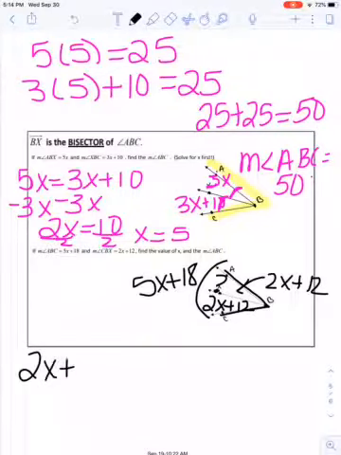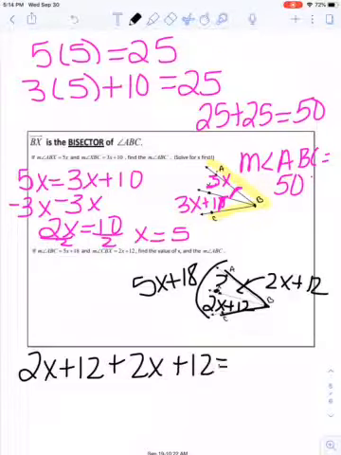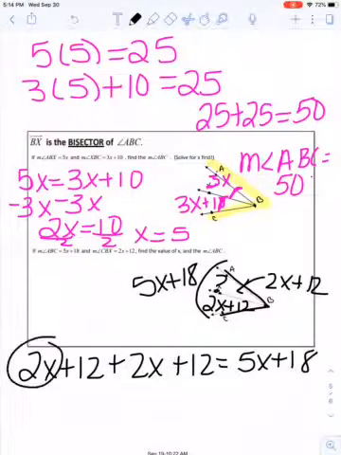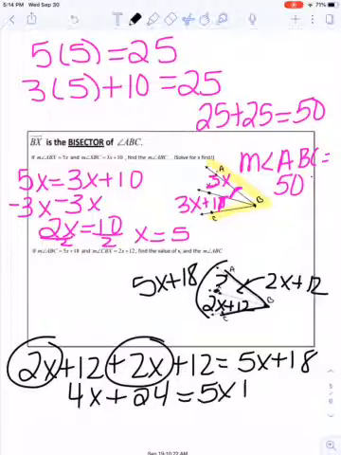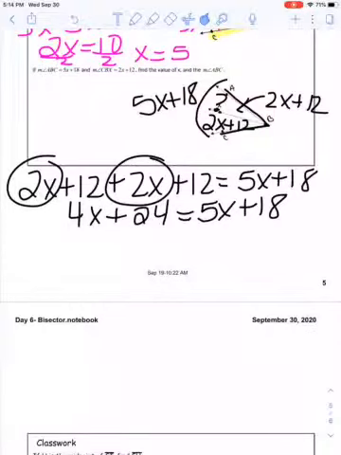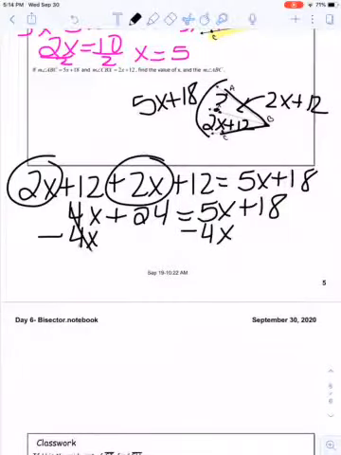So 2x plus 12 plus 2x plus 12 equals 5x plus 18. I'm going to combine my terms, so I get 4x plus 24 equals 5x plus 18. I'm going to subtract 4x. I get 24 equals x plus 18.